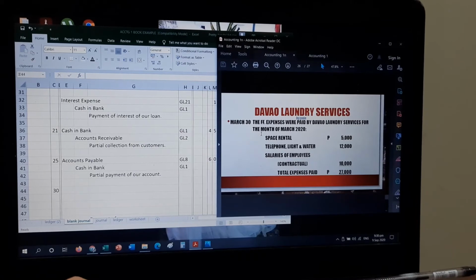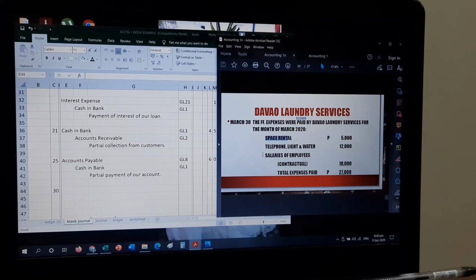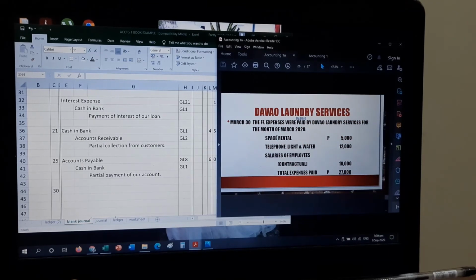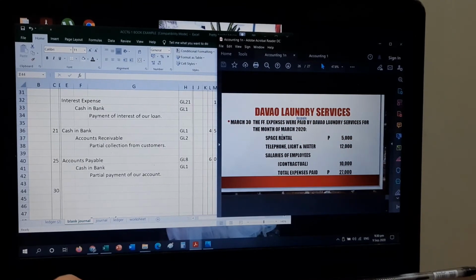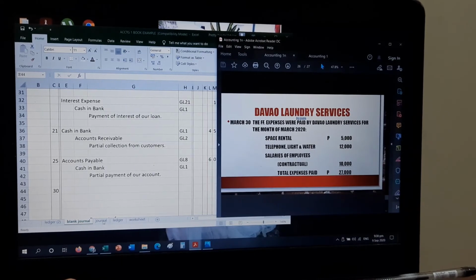If this is how the expenses are presented, you would make a compound journal entry, meaning you will record this in one entry, even though it has three kinds of expenses. But you will not simply copy this. You will have to use the proper account title. So based on the book that I have given you, how do you record rental? It's either rental expense or rent expense.